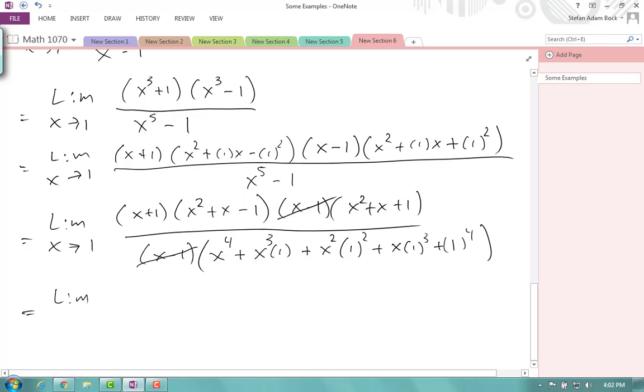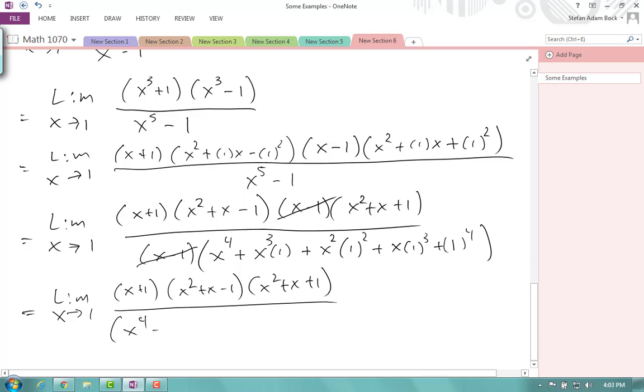Alright. Since those are gone, I can go ahead and evaluate this limit. I have x plus 1, x squared plus x minus 1, x squared plus x plus 1, all over x to the fourth plus x cubed plus x squared plus x plus 1.